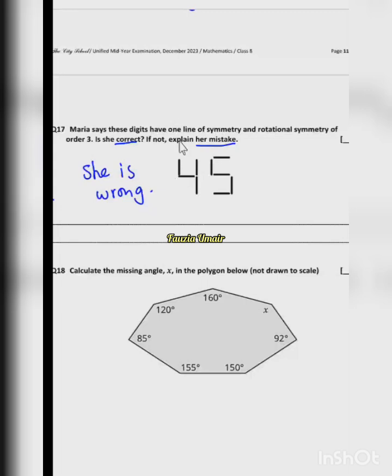If you are taking 45 together, then Sara is right. There is 0 line of symmetry and rotational symmetry is 1. But the question says these digits. So you can answer this question in 2 ways. If you are taking it together, 45, you will write down this is having 0 line of symmetry and rotational symmetry of order 1.